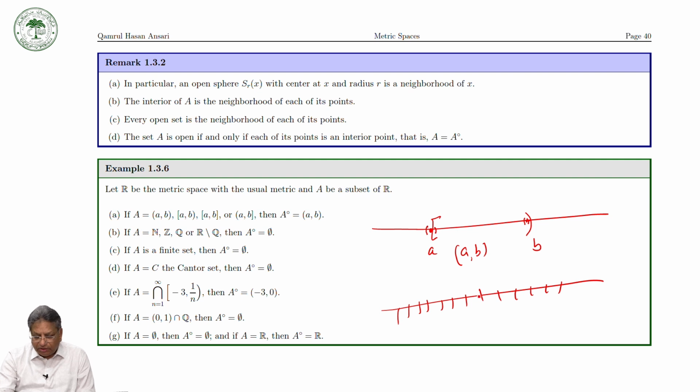Now suppose you take a point. Is it an interior point? No, you can see that the open ball with center at this point and this radius does not lie in this set.